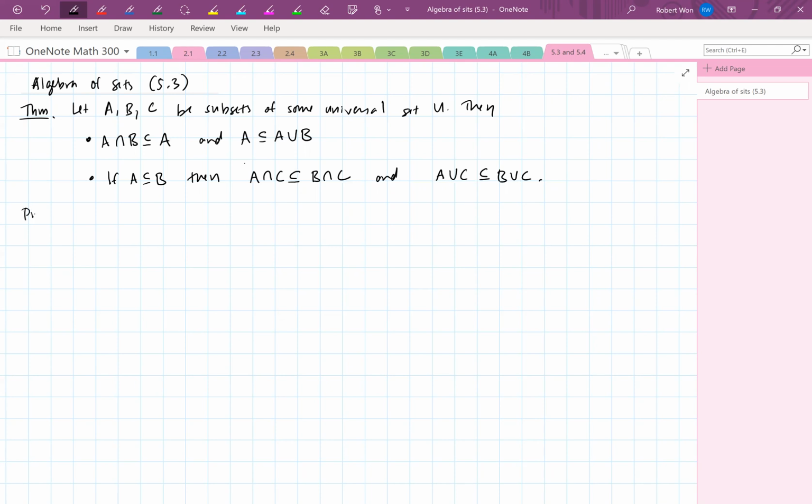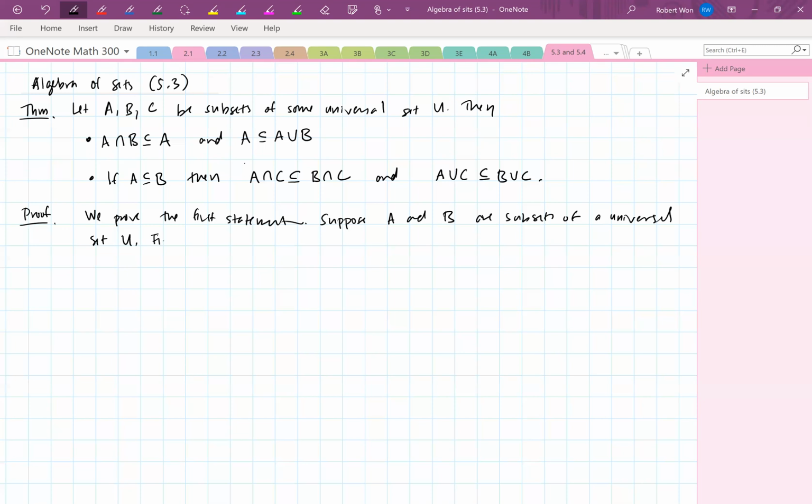Okay, so proof. We prove the first statement. Now suppose A and B are some subsets of universal set U. Just the setup. I want to prove that A intersect B is a subset of A, which means that I want to do an element chase.